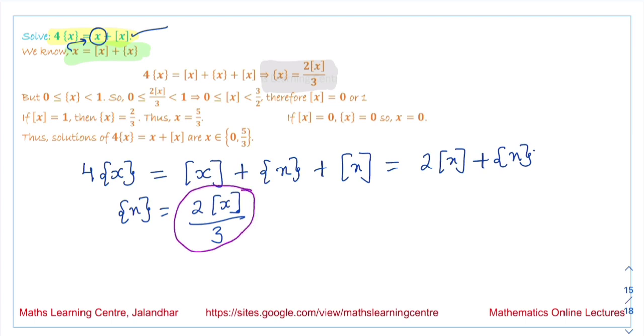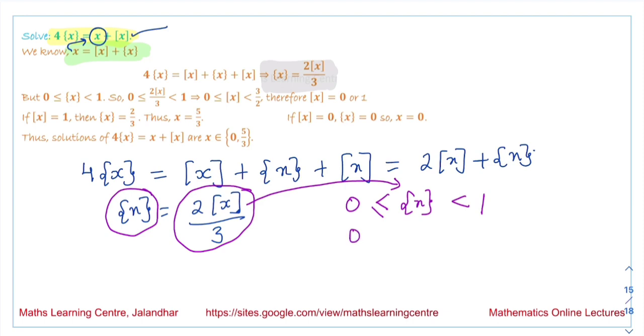From this, what we know is that the value of the fractional part of any number lies between 0 and 1, where 0 is included. So we can substitute this value over here. We write 0 is less than or equal to 2 times the greatest integer of x over 3, which is less than 1. So it means 0 is less than or equal to the greatest integer of x, which is less than 3 by 2.